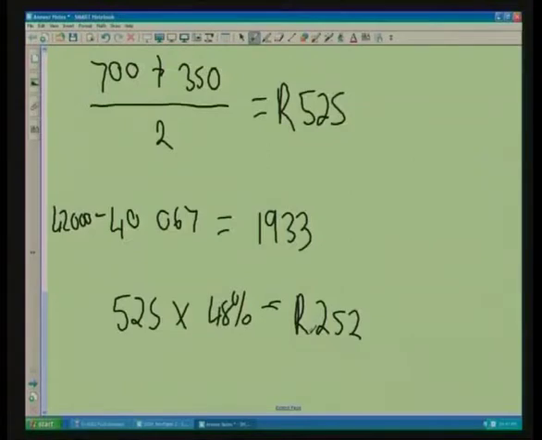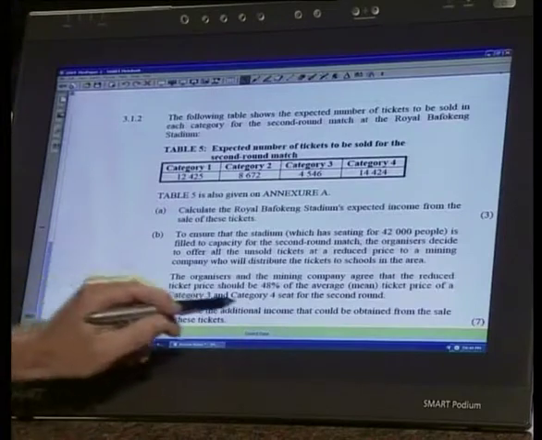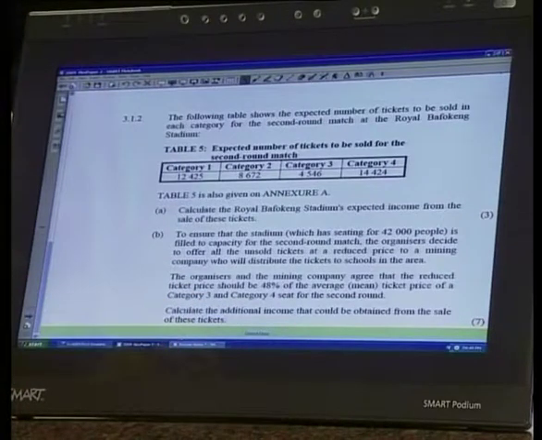So what the mining company are being offered is a ticket price of 252 Rand, and they're being offered 1,933 seats. The question then goes on to say that we are to calculate the additional income that could be obtained from the sale of these tickets.